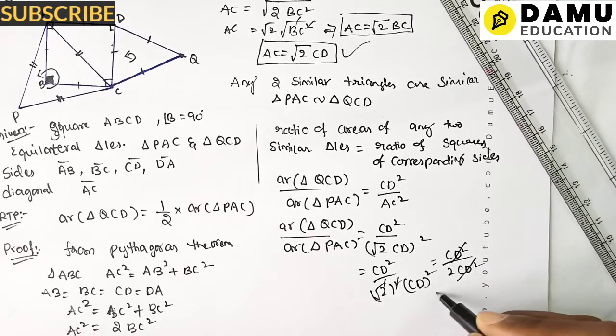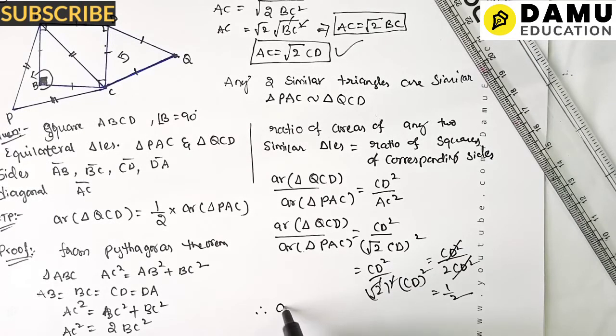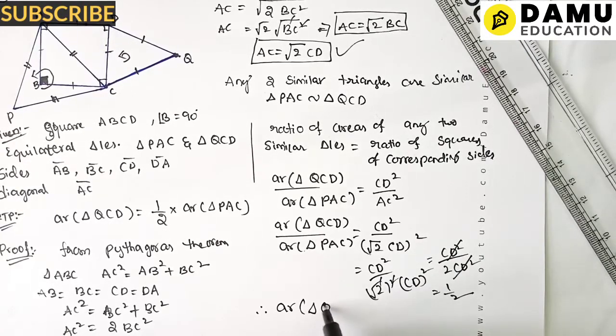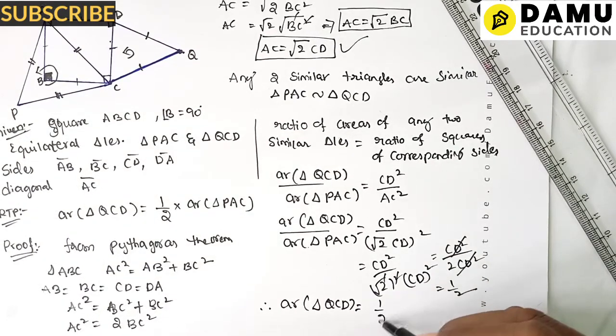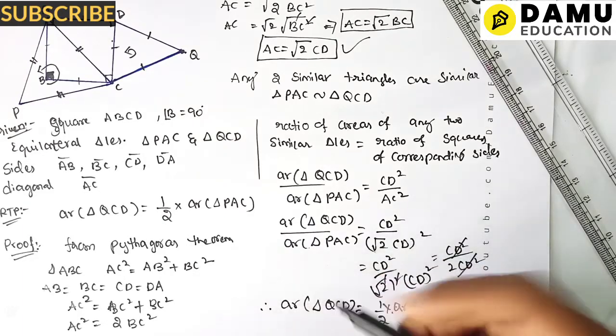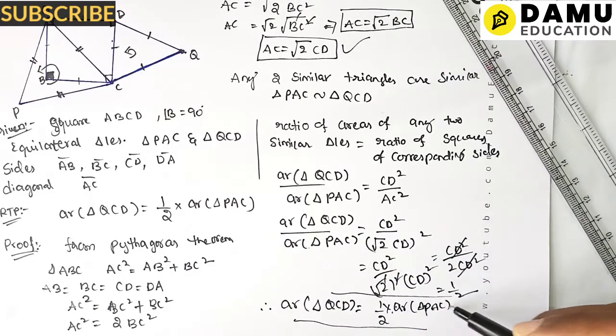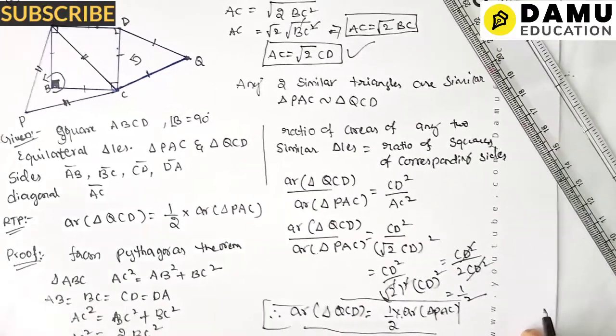The CD square will cancel and we get 1 by 2. Therefore, the area of triangle QCD will be equal to 1 by 2 times the area of triangle PAC. So this is the expression they are asking for, and this is the way of doing it.